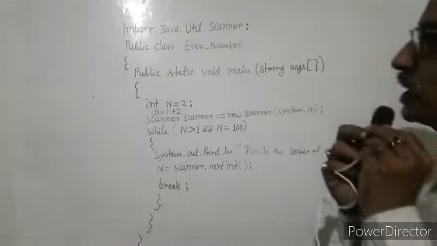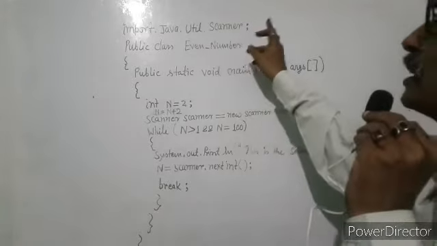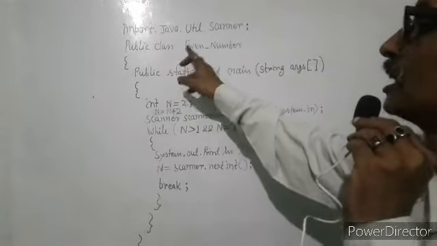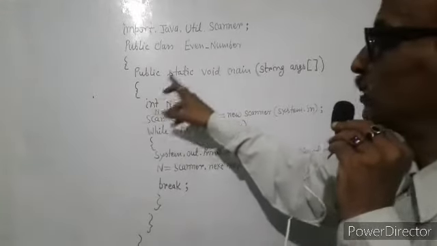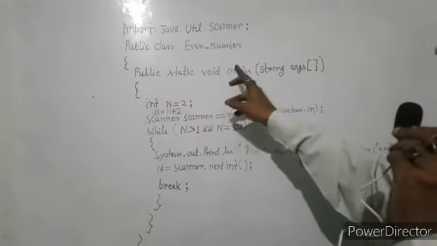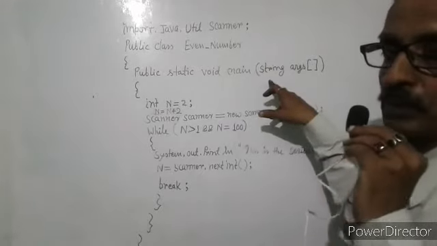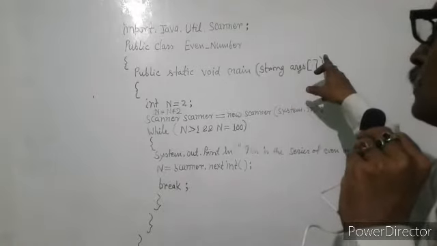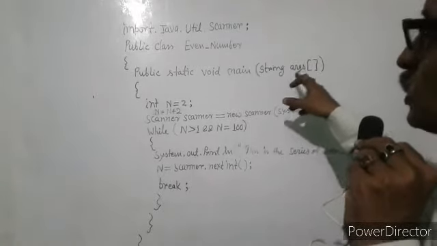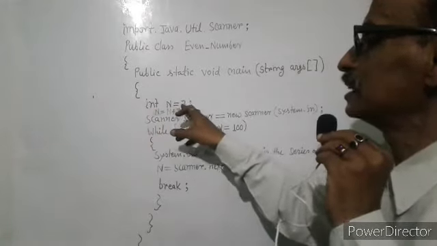Now consider here: import java.util.Scanner; public class EvenNumber { public static void main(String[] args) { int n = 2.